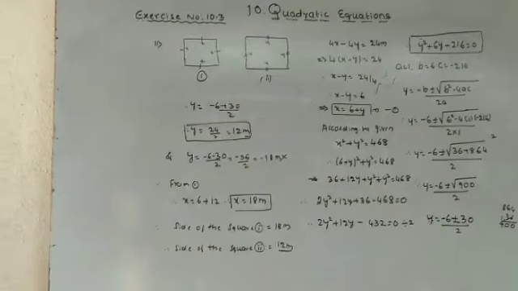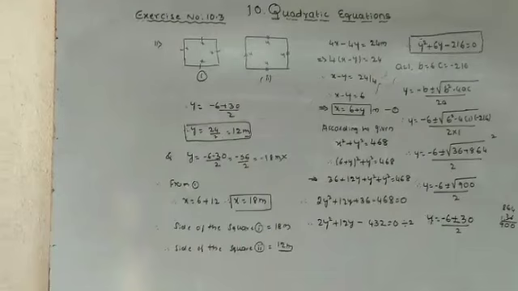Therefore x is equal to minus 11 plus or minus 77 by 2. So that is equal to 66 by 2, so this is equal to 33 kilometer per hour. Next, another one, x is equal to minus 11 minus 77 by 2, so minus 88 by 2, minus 44.